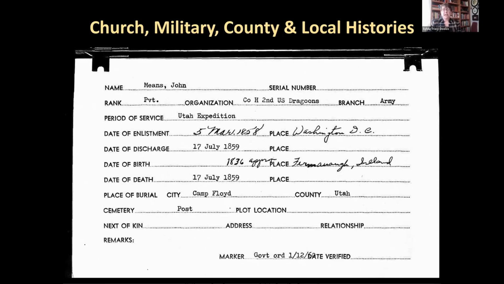There are things like military records like this that I wouldn't normally think to look at. And if I was looking for John Means, I'm not sure I would look in a Utah military record, but he is serving or had served in the 2nd Dragoons in the Army. He's in the Utah Expedition period of service. And it gives great details.